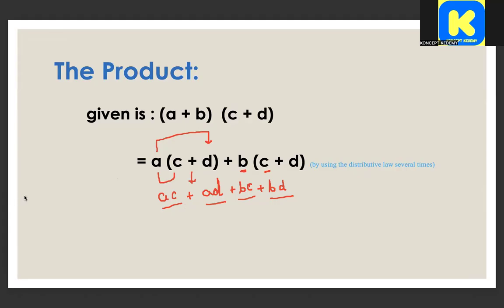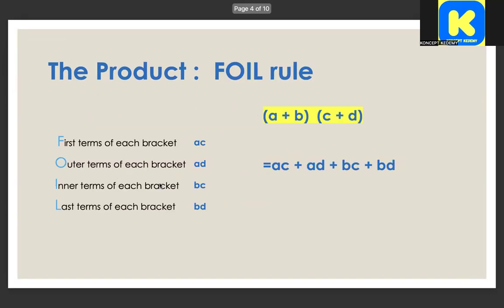Now to solve this, I have a simple trick, or you can say there is another method, which is called the FOIL rule, in which we need to memorize the four letters of the English alphabet, that is FOIL. You need to memorize it, and in this F stands for the first term of each bracket.